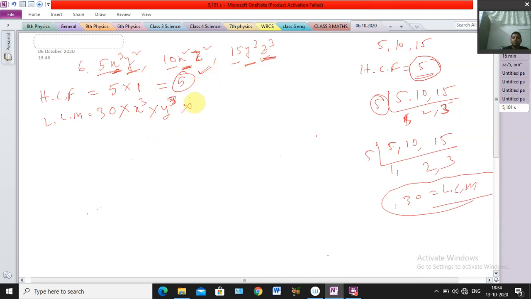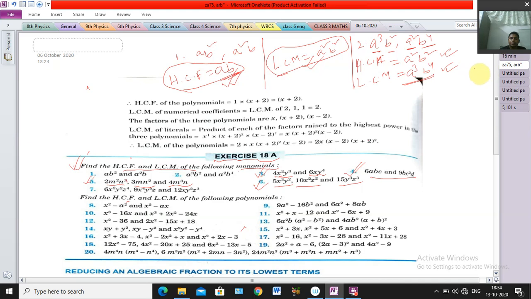So which one will we take, sir? The highest power, z cube. So we are getting 30 x cube y cube z cube. That is the LCM. Clear? Understood? Okay. So 6 is complete. Next, question number 7.